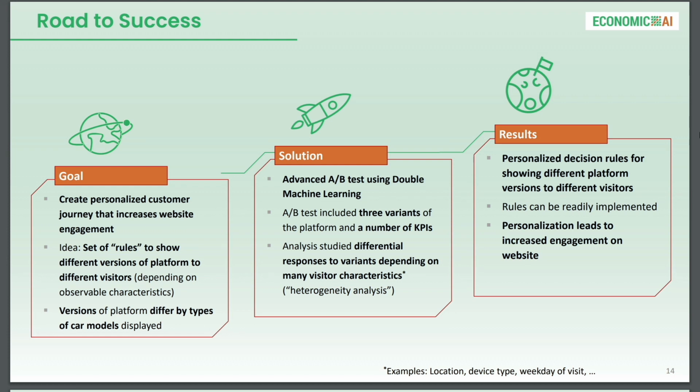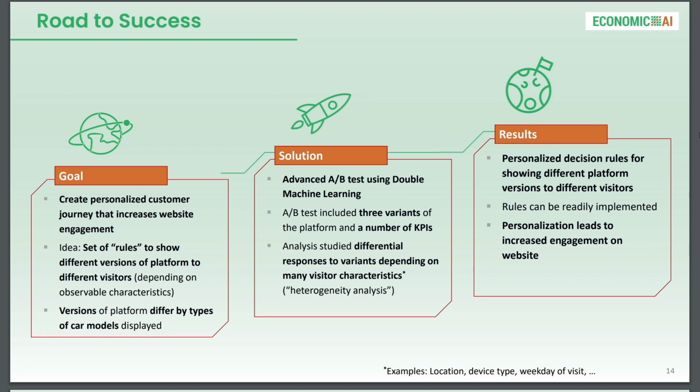And so once this A/B test was then finished, what we did was we conducted a so-called heterogeneity analysis. So going back to the heterogeneous treatment effects, heterogeneity analysis using double machine learning, which allowed us to identify in great detail certain groups of people that responded particularly strongly to one of these 3 platform versions.